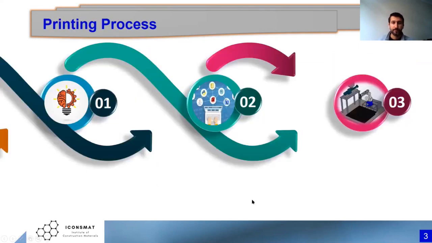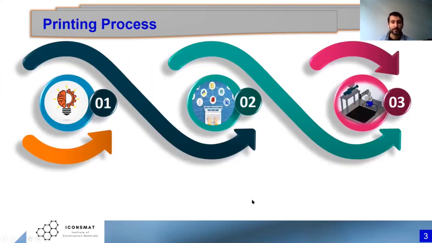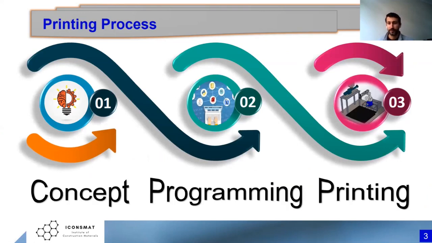The printing process is usually concept, programming, and printing. Whatever concept you have in your mind, you can make any geometry. To print it, you use something like MATLAB or Python to give the programming, or Rhino, and there are many other software packages that can be connected to the printing.